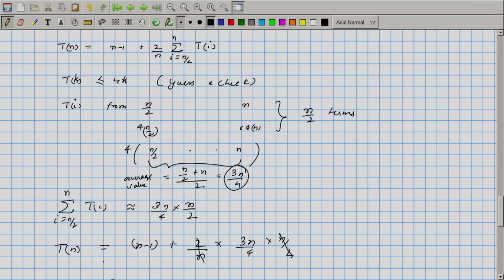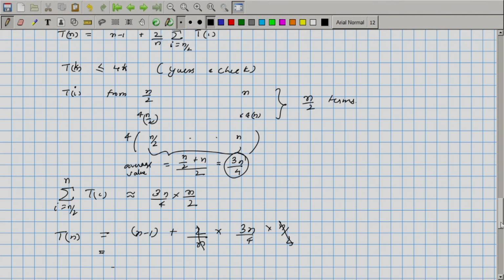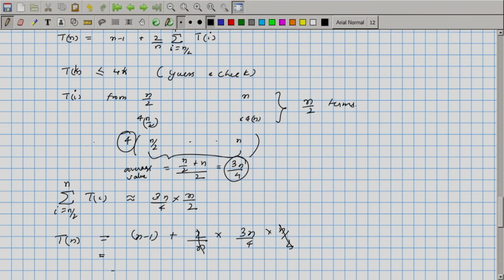So, overall, there is a 4 here, 4 into 3n by 4, so 3n. So n minus 1 plus 3n, which is 4n minus 1. Okay. So, therefore, we can say that the average time taken is going to be less than or equal to 4n, which is a linear time algorithm.